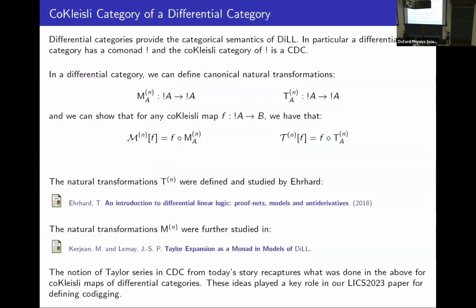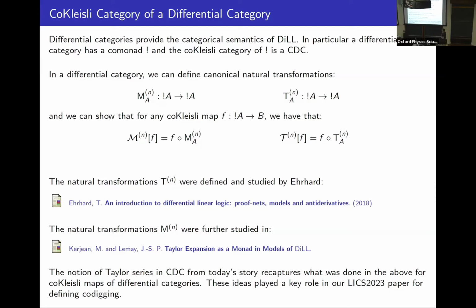And so this is my last technical slide. As I mentioned, Marie-Claire Jean and I did study Taylor series expansion in categorical models of differential linear logic. And since the Co-Kleisli category of a model of differential linear logic is a CDC, I do show that we recapture what Marie and I did in that paper when we look at the example of Co-Kleisli maps.